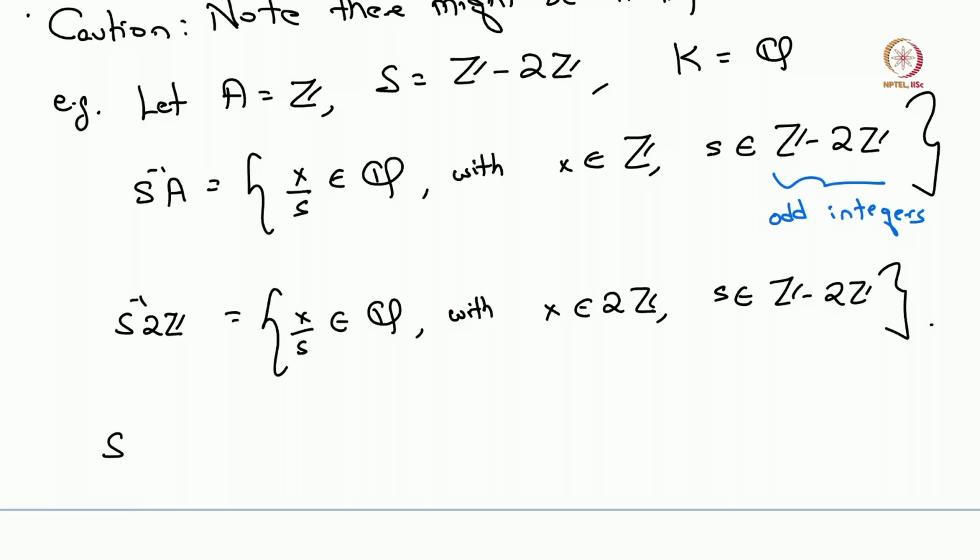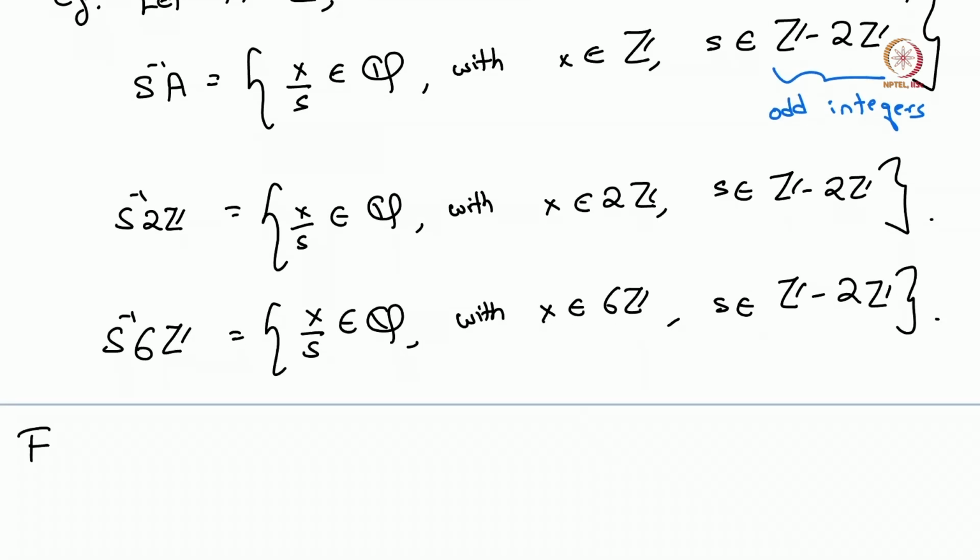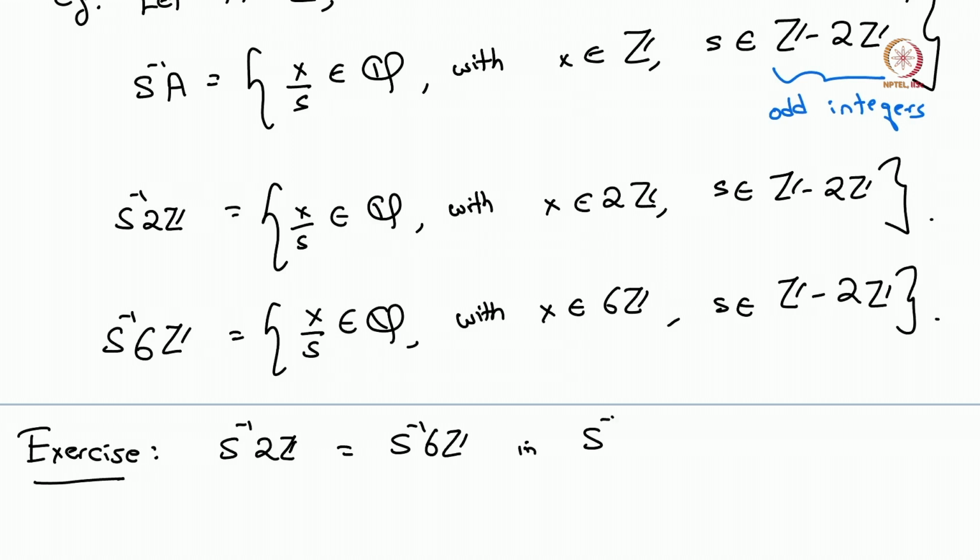Okay, you could also play the same game with say 6Z, where the numerator is a multiple of 6, and remember 6 is 2 times 3 and 3 is an odd number, and the denominators are all the odd numbers, and it's a standard exercise to check that under this localization, the ideal generated by 2 and the ideal generated by 6 are in fact equal. Okay, so show that they are equal in this localization of Z with S being Z minus 2Z.